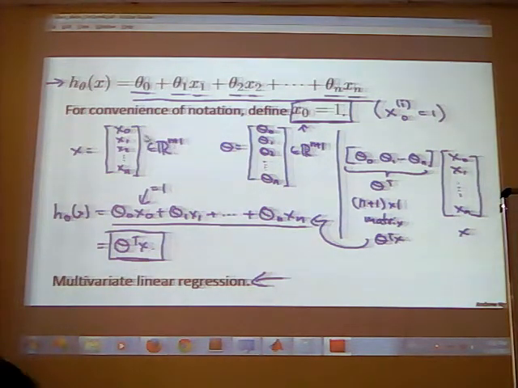What is n plus 1 dimensional? It means n plus 1 rows and 1 column. That is a vector. And for theta we have theta 0 to theta n. This is also an n plus 1 dimensional vector.